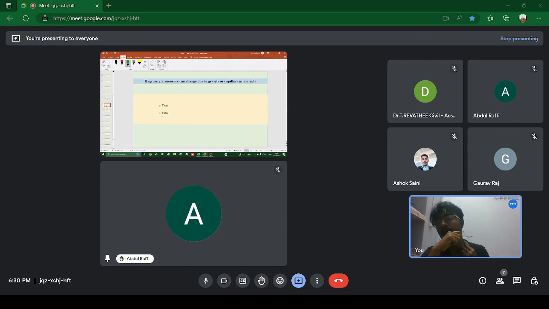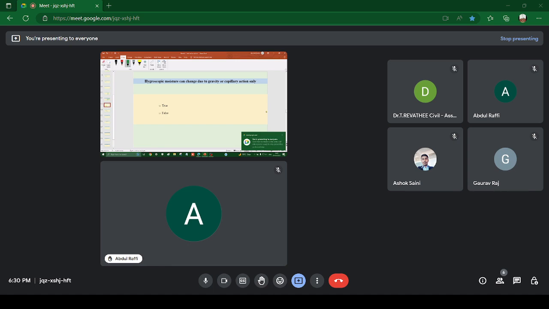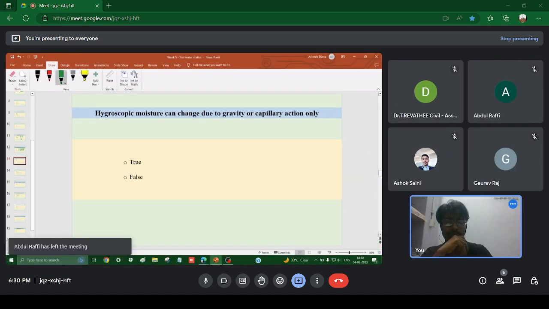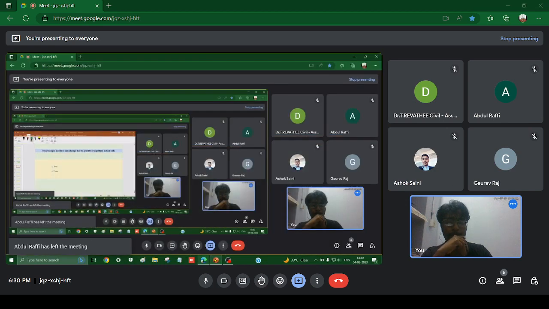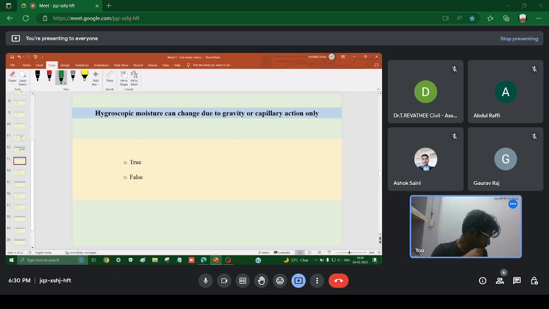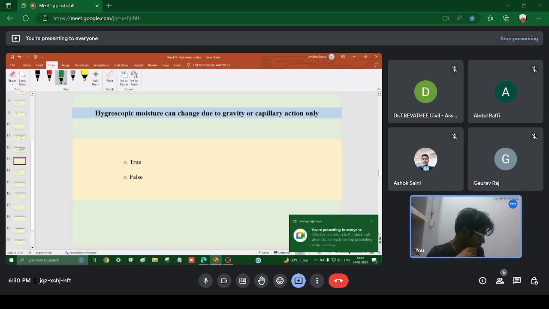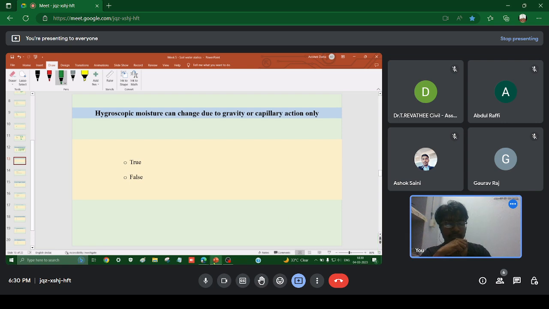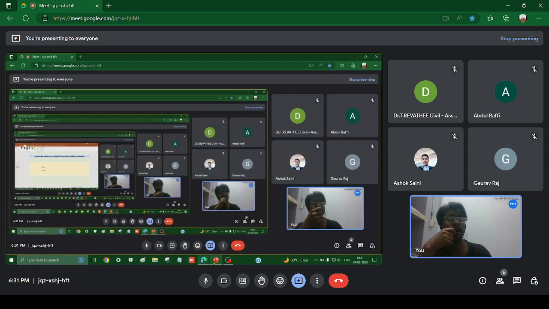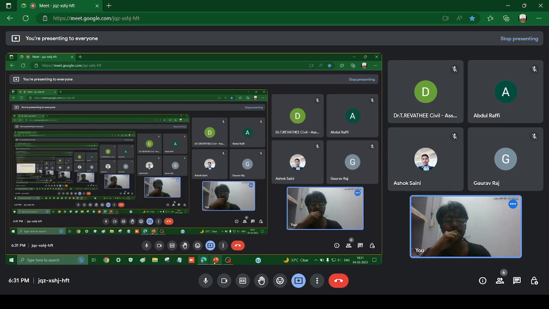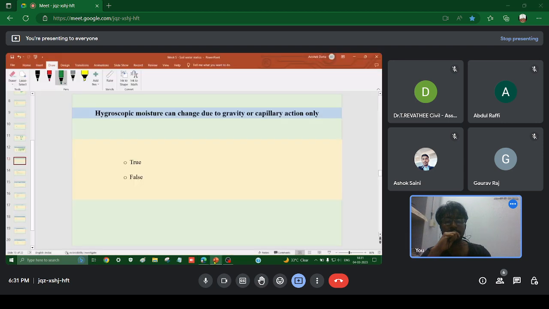Next question. Hygroscopic moisture can change due to gravity or capillary action only. True or false? Anyone? Hygroscopic moisture? What is hygroscopic moisture?